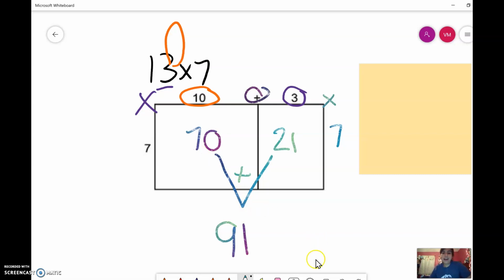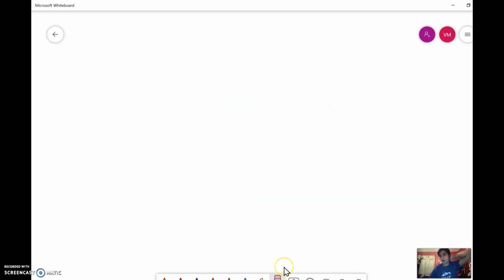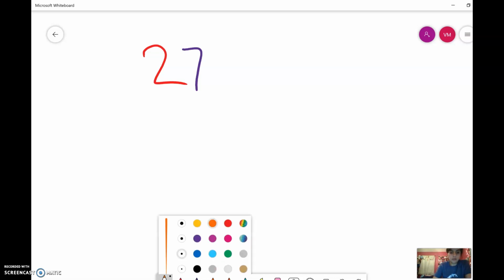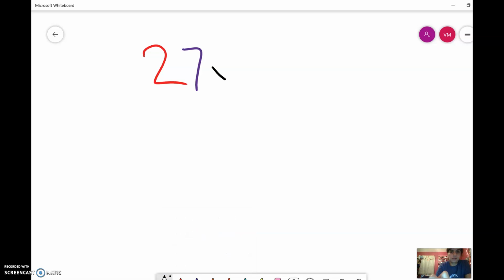Remember, this is the area model, and I'm gonna go over one quick example. I gotta clear the canvas. And I'm gonna start with something like, let's say I have 27 times 5.